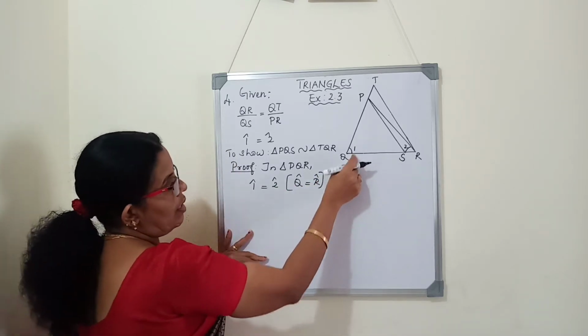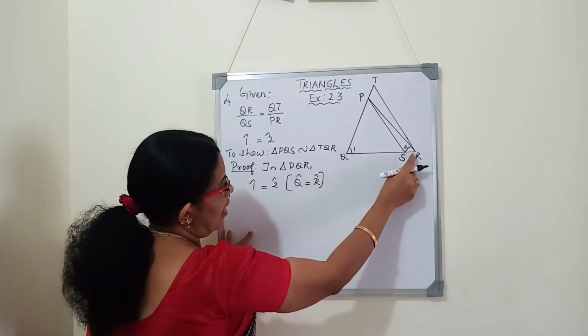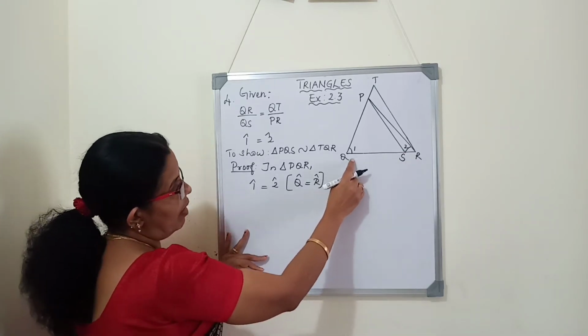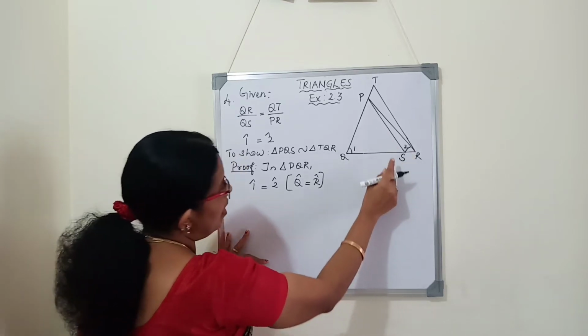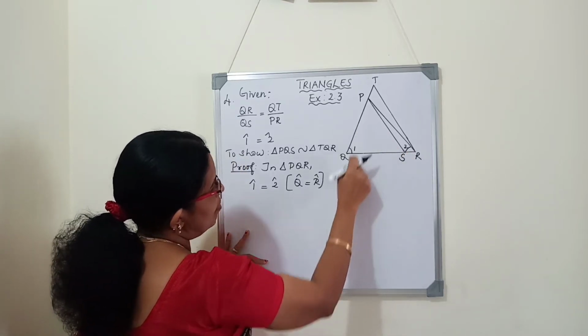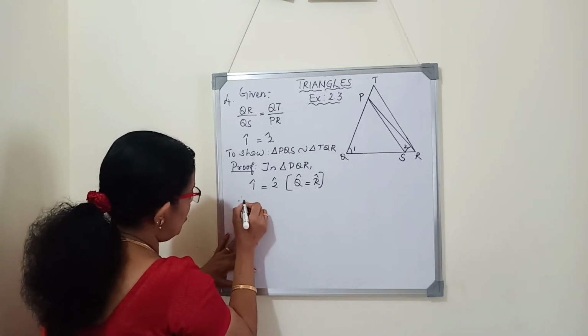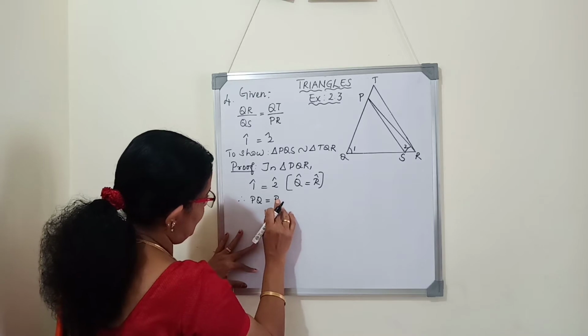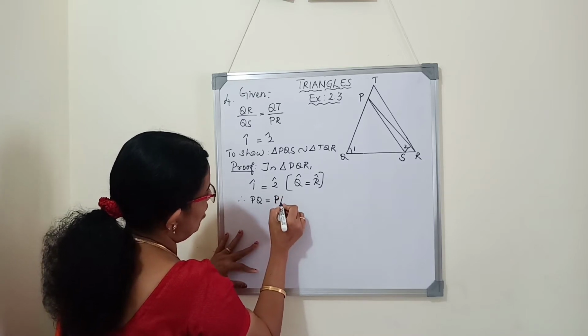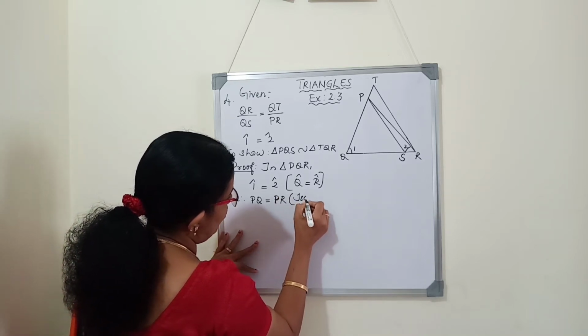So we know that in any triangle, if two angles are equal, the opposite sides are equal. So the side opposite to angle 1 is PR and to angle 2 is PQ. Therefore, PQ is equal to PR. Isosceles triangle property.